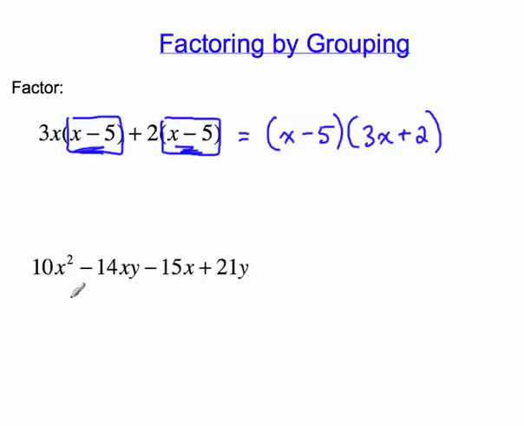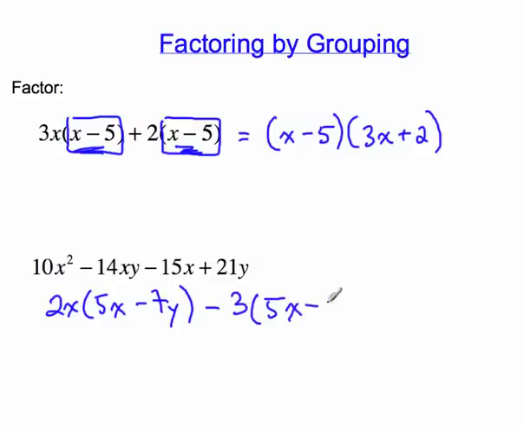Now sometimes that step's not done for you and you have to do it yourself. It's common often to see questions with 4 terms ending up being factoring by grouping. So let's take a look here. We're going to look at the first 2 terms, and the common factor in the first 2 terms is 2x, which is going to leave us with 5x minus 7y as our first part. And in the second, if we take out a negative 3, notice that again we get 5x minus 7y.